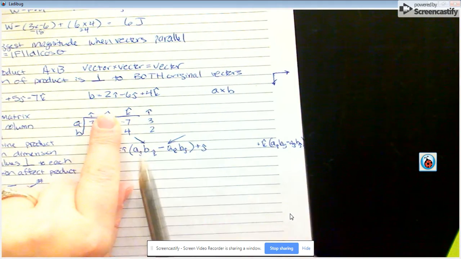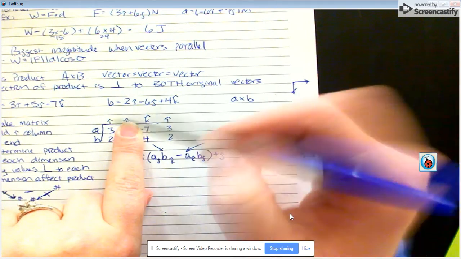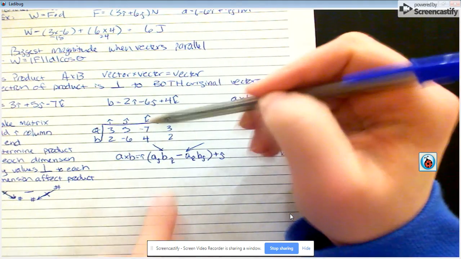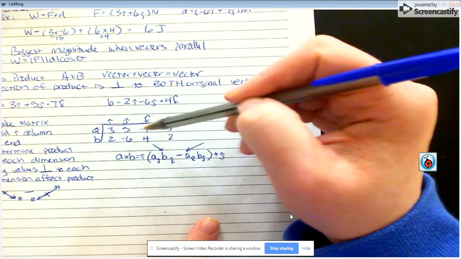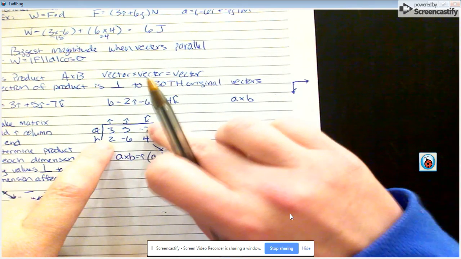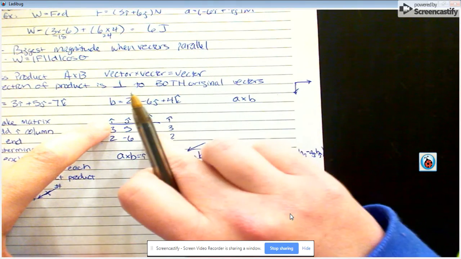All right, now the j hat direction is weird. Not only because if you cover this up, you're having to skip across, but without our extra column, you do the opposite direction. So you go here, this number times this number minus this number times this number.